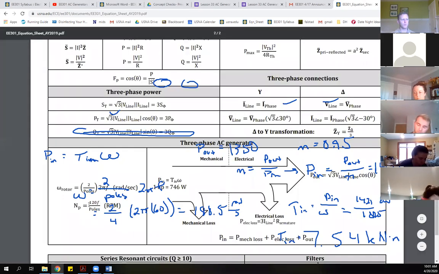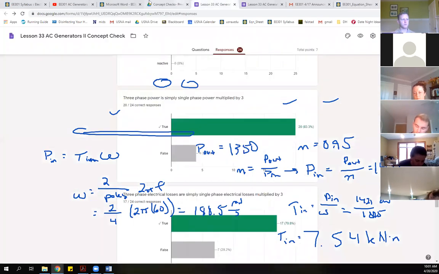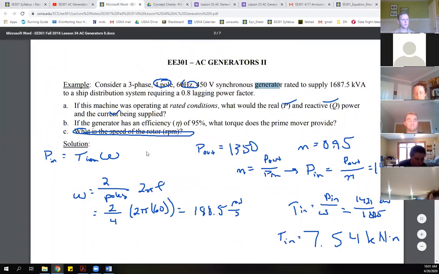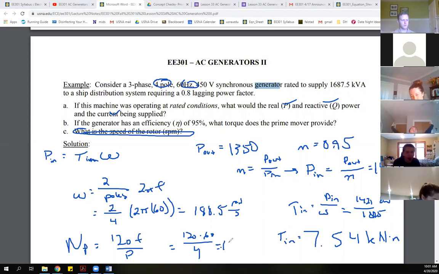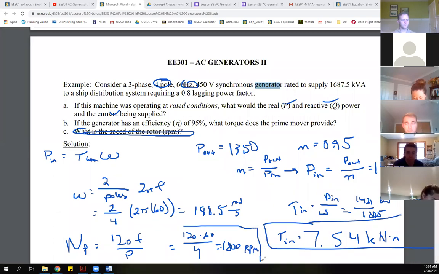See that? 120 f divided by P. So N equals 120 f divided by P, 120 times 60 divided by 4, that's 60, equals 1800 RPM. So there's part B, and here's part C.